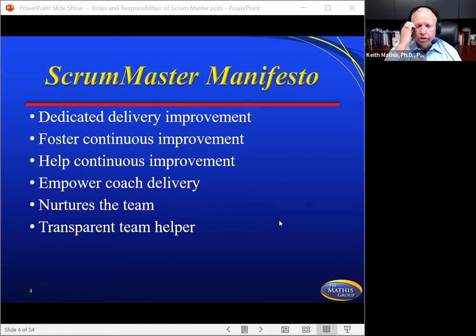They foster continuous improvement. They empower and coach delivery. They nurture the team. They're a transparent team helper. And I looked at this and I thought, wow, whoever wrote this really did a good job, because I happen to agree with that. I think they are a coach. I think they are an encourager. I think they are a mentor, and I think they do nurture the team. So all of this was really good.